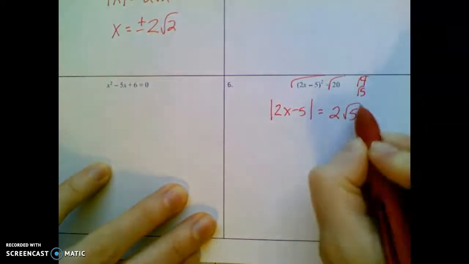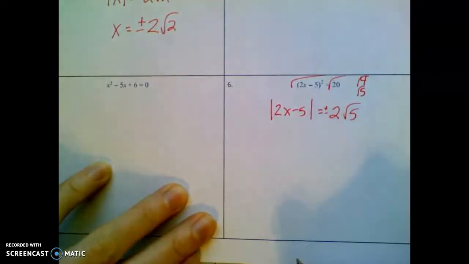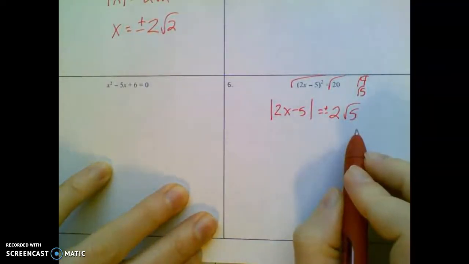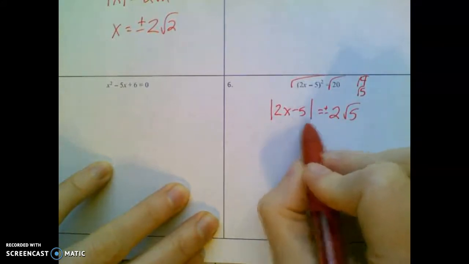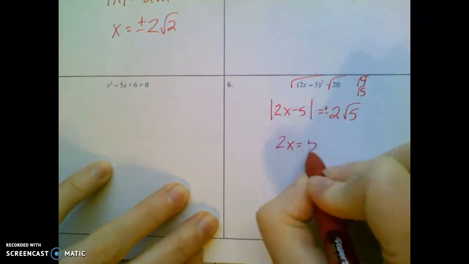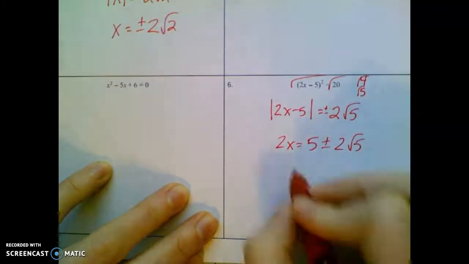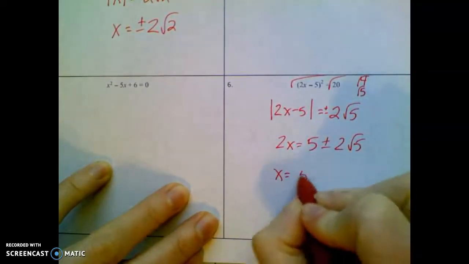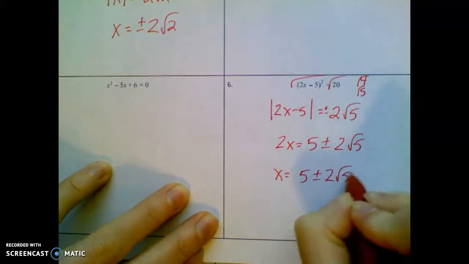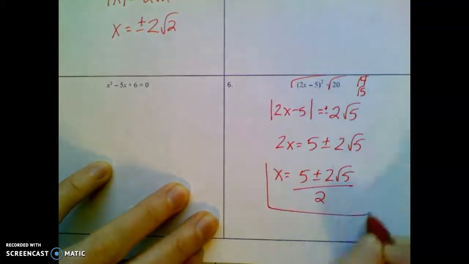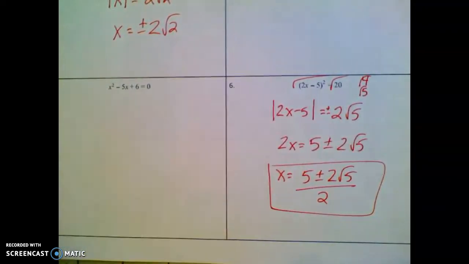Because it has a radical, I can do that positive, negative, and then I can just solve this guy in one fell swoop. So I'm going to add that 5 over, and then I'm going to divide everything by 2. So 5 plus minus 2 root 5 over 2. And that's it. That guy's done.